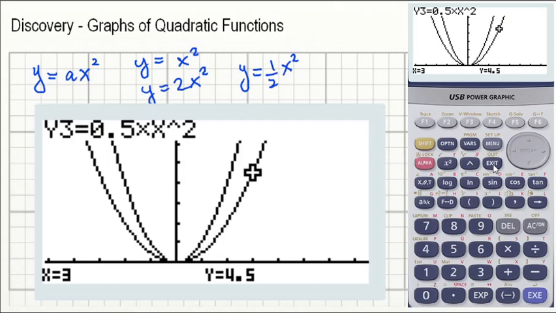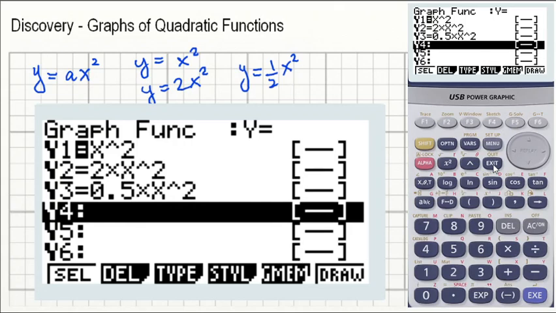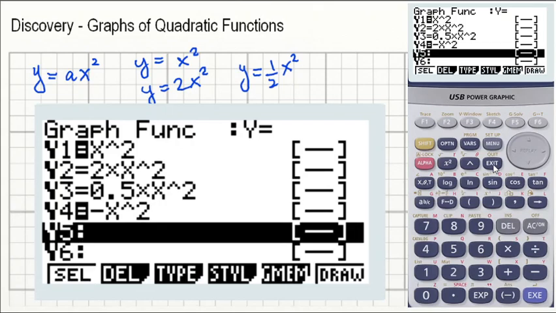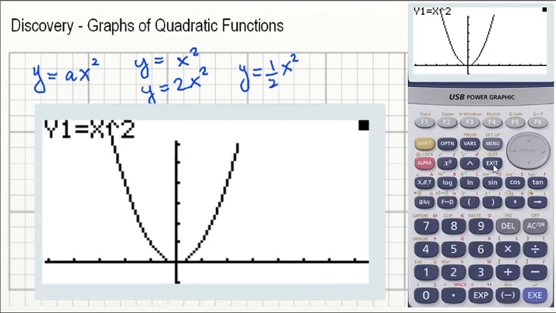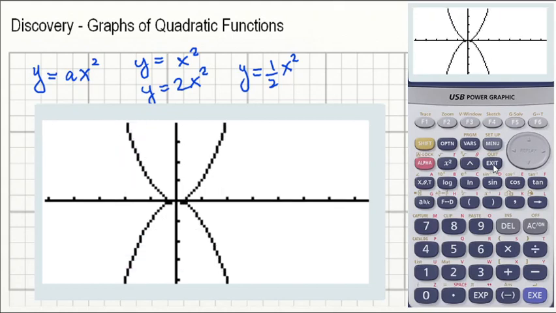Now, it would also be quite interesting for us to analyze what happens if we multiply by a negative number. So what if we just do negative x squared? We know what happens, but we can see it in real time here, and we can have a different perspective on this phenomenon now. We can see that it's actually a function which was so stretched downwards that it's its own reflection.